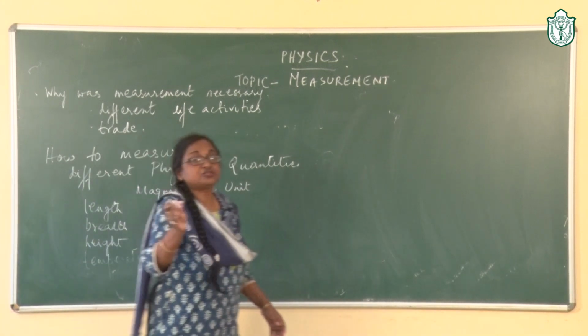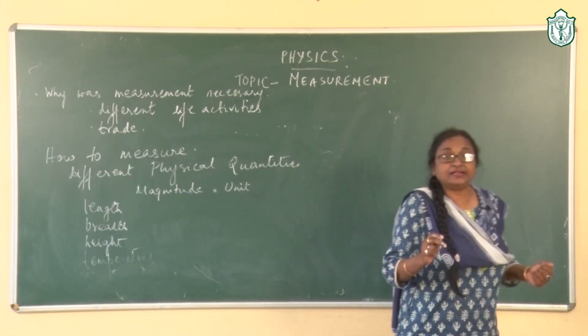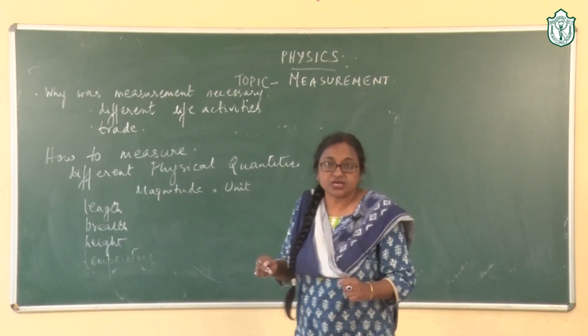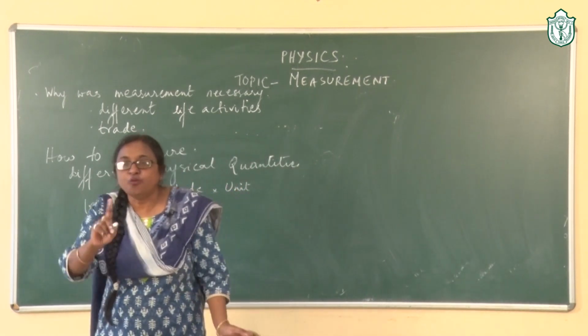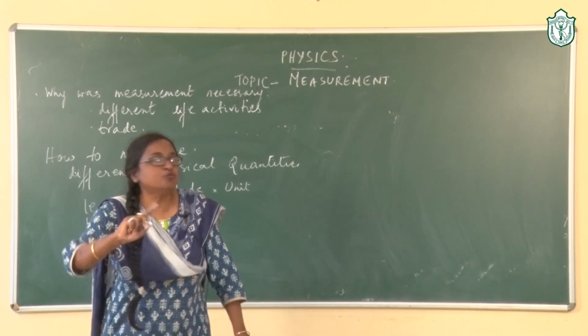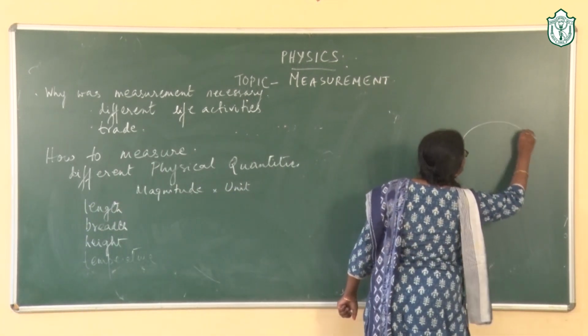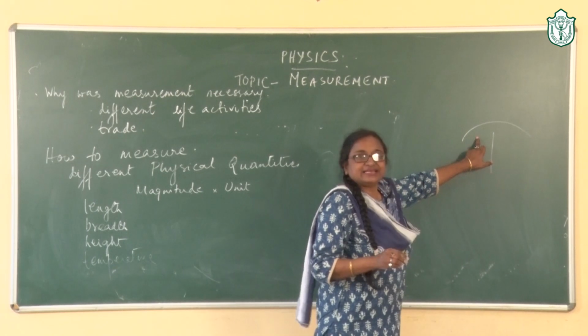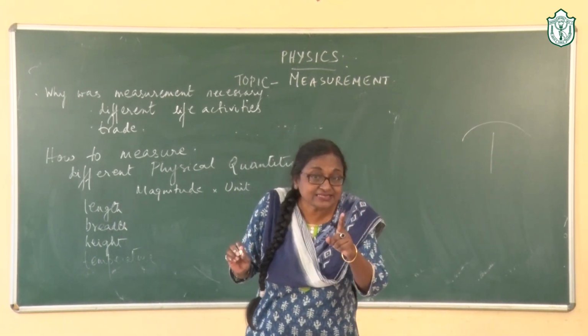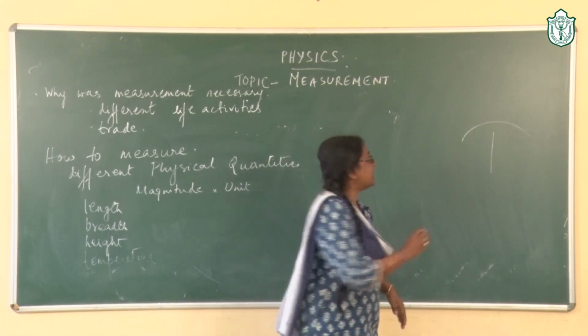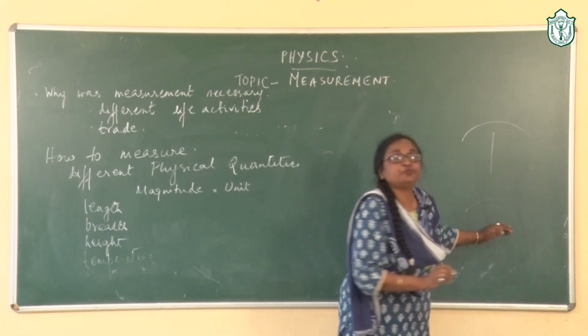Then when you are traveling by a vehicle, by your car suppose, on the dashboard you see several instruments. The pointer moving around a circular scale. What is it trying to capture? The distance, which is measured by the odometer, and another one is the speedometer.